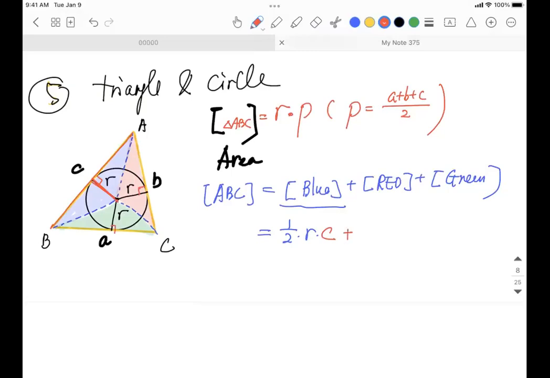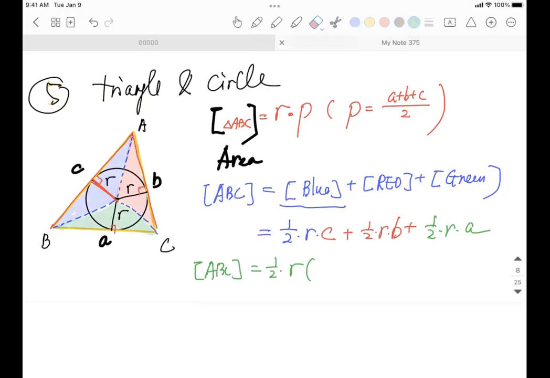So 1 over 2 r times C. The red one is 1 over 2 r times B. And the green one is 1 over 2 R times A.